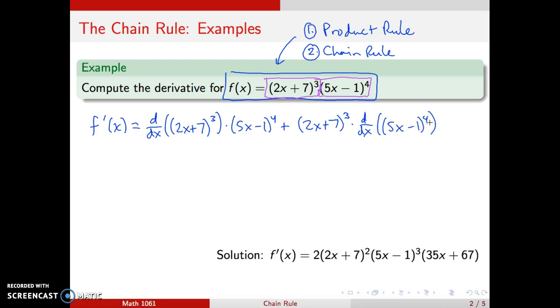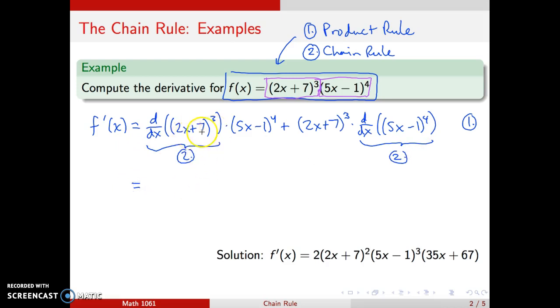So that's what I'm doing there, and then in the course of figuring these out, that's where we're going to use the chain rule.